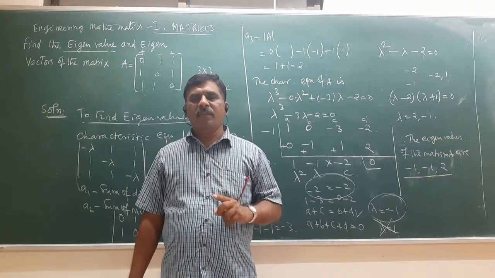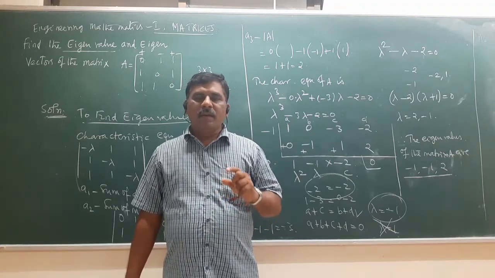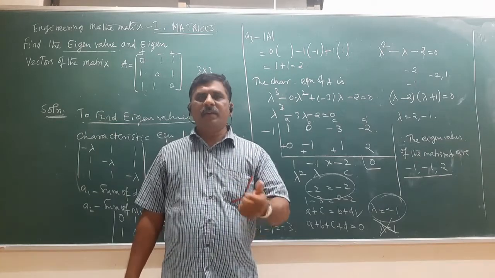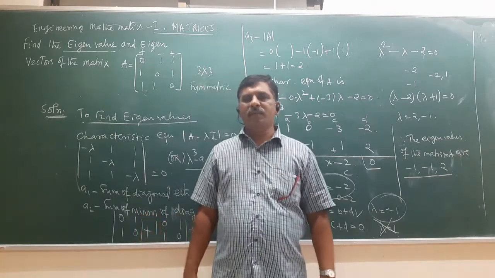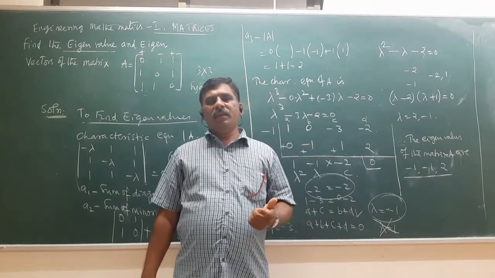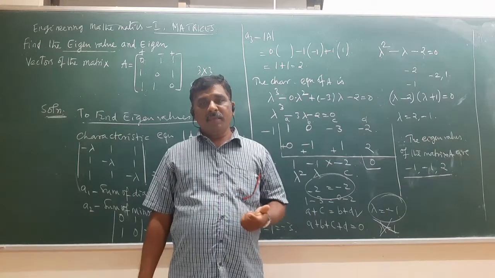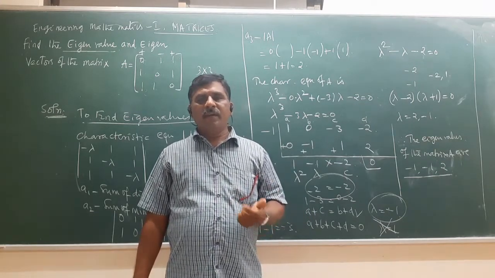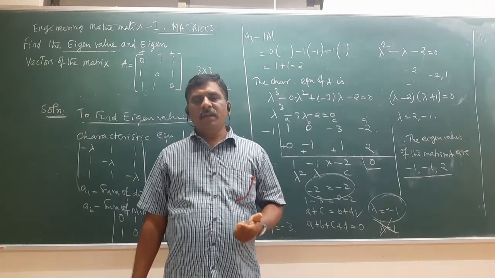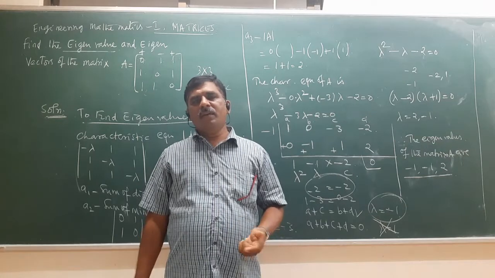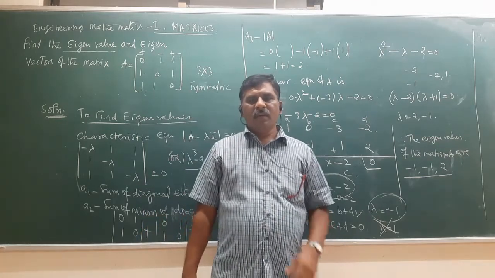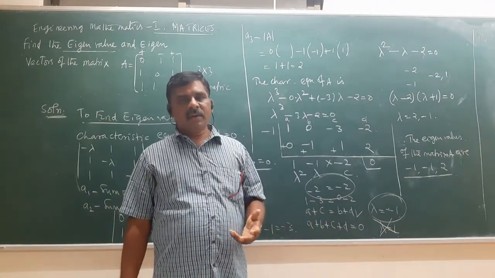When any two eigenvalues are repeated, then the eigenvectors may be linearly independent or linearly dependent. We will discuss both the cases. Okay, fine. We will find the eigenvectors now.